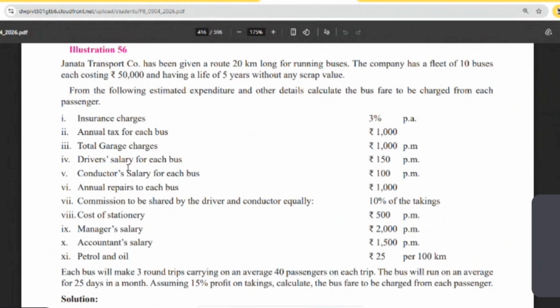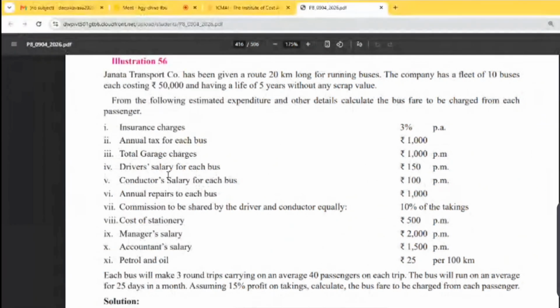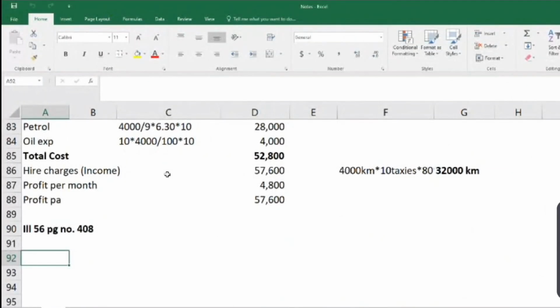Assuming 50% profit on takings, calculate the bus fare to be charged. So they are asking what bus fare we will be charging from the customers. So we will see this sum now. First we will calculate all the expenses.